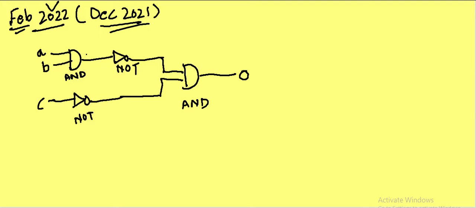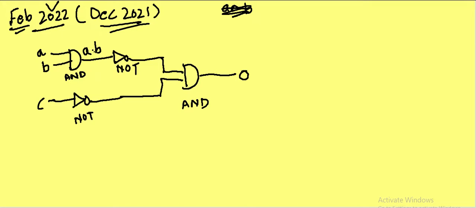So let's take this. We have AB. The AND gate is nothing but the product of these two terms, A dot B, right? We denote it as A dot B. But when we talk about conjunction or disjunction form, it is denoted like this, conjunction, A and B. This is the same, because in exams they want to confuse you.